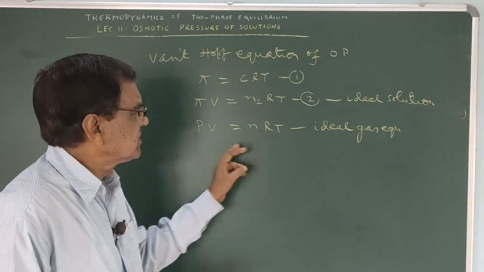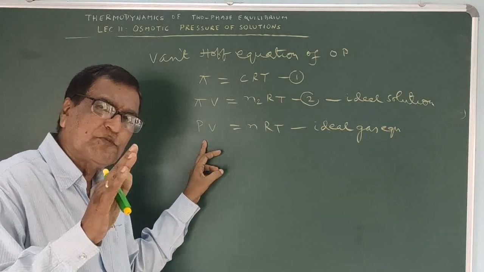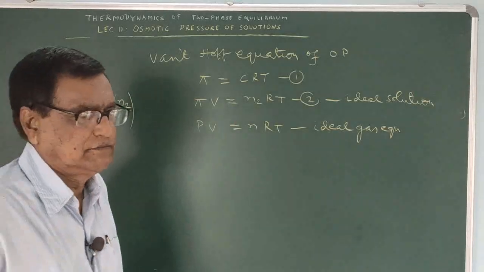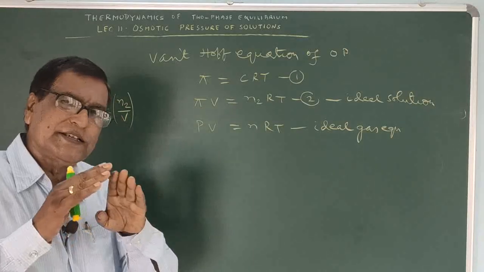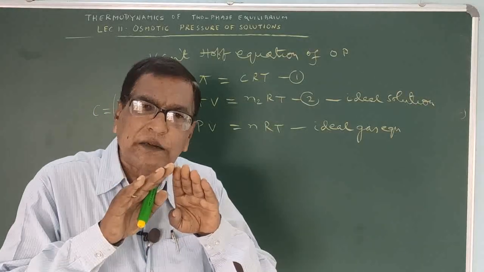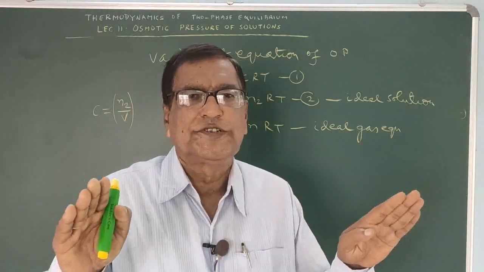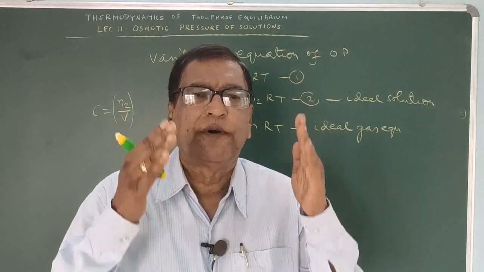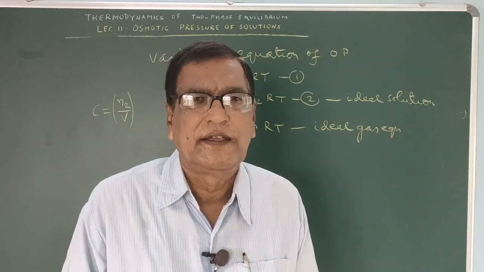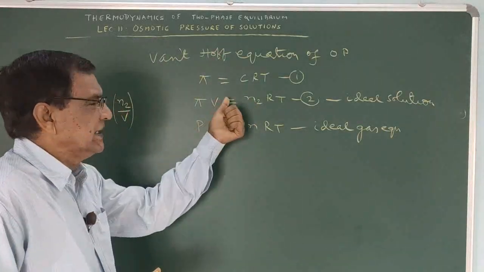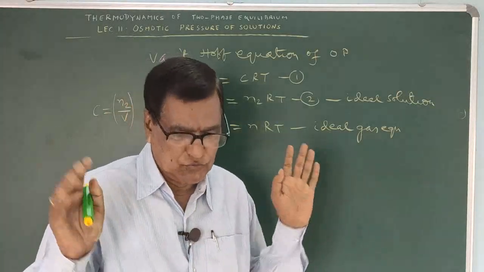So in the case of gas, the pressure originates due to the collision of gas molecules on the wall of the container. But in this case, the osmotic pressure is developed due to the unbalanced chemical potential of the solvent and solution when they are separated by a semi-permeable membrane. So the origin is totally different, but surprisingly they have a striking similarity in their external forms.